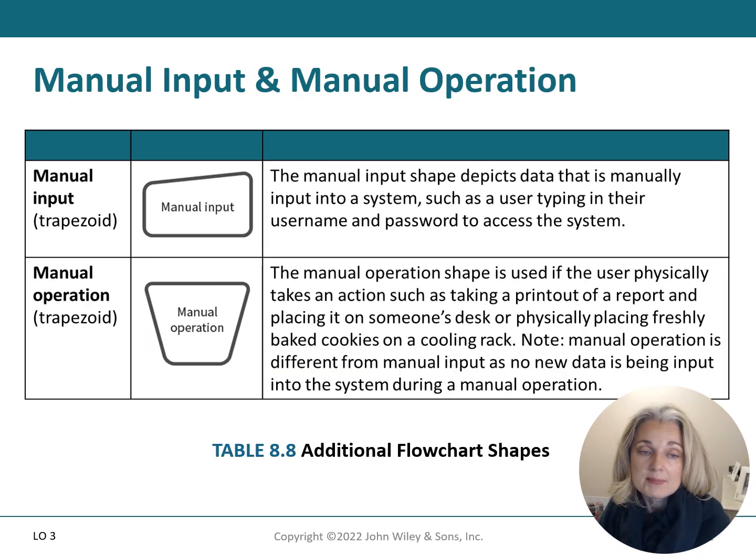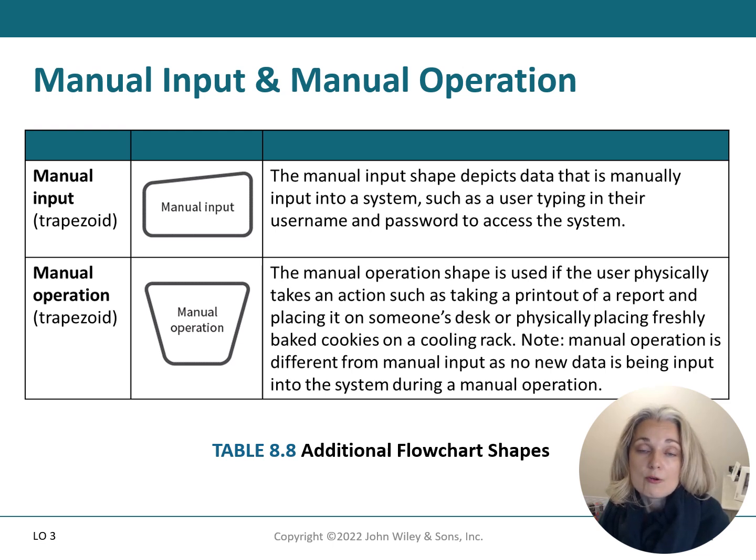Then our trapezoid, the various types of trapezoids denote either a manual input or a manual operation. You will not need to know these for our exam, but they're good to know in case you are working and looking at flowcharts. The manual input shape depicts data that is manually inputted into the system, such as a user typing in their username and password to access the system.